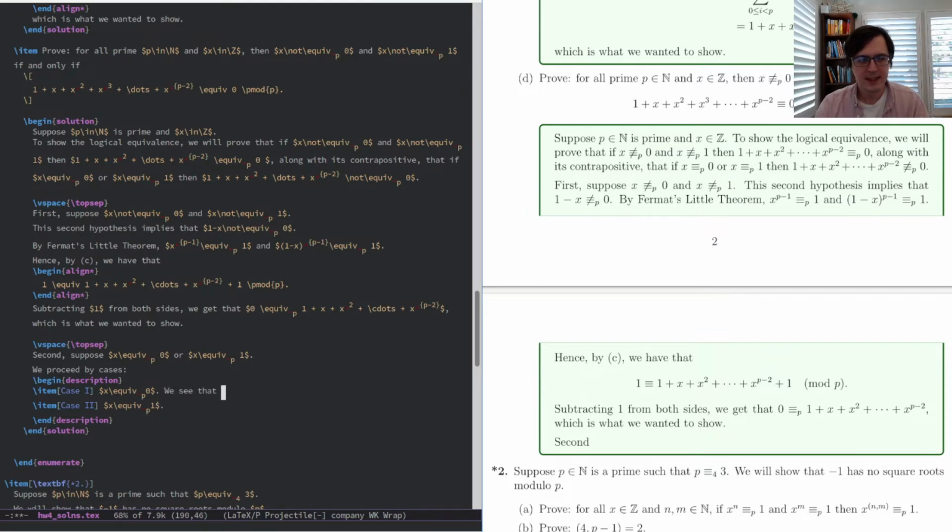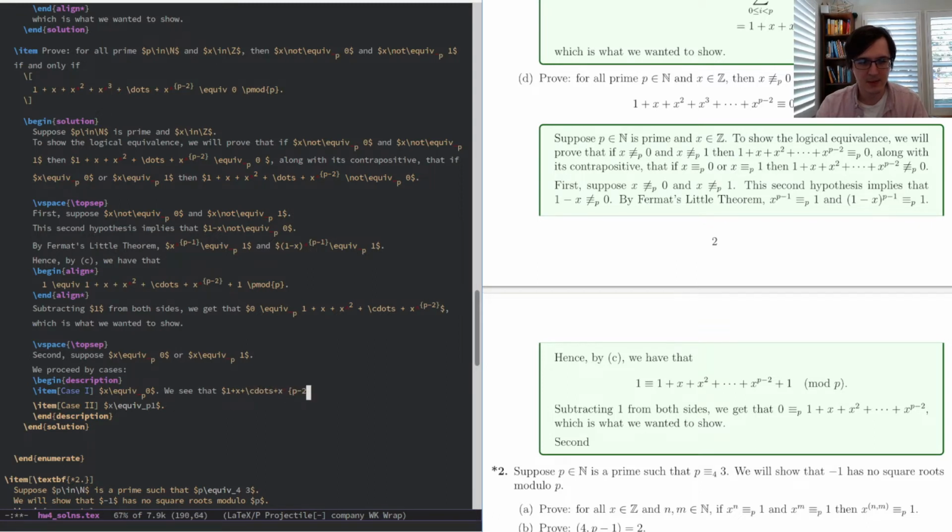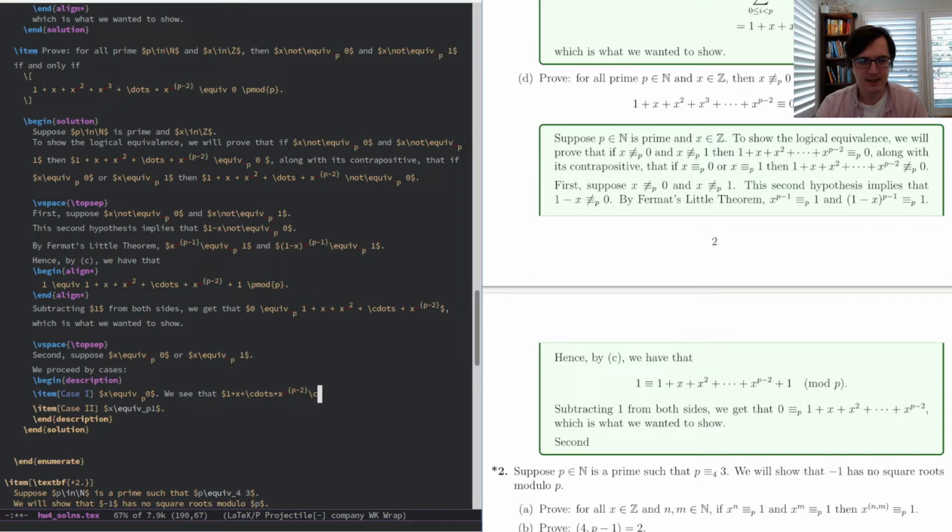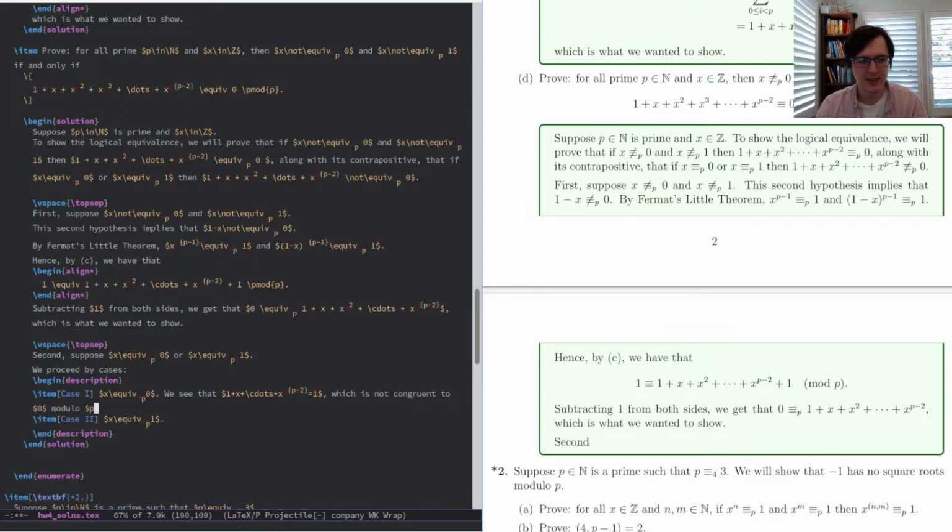We see that 1 plus x plus dots plus x to the p minus 2 is equal to 1, which is not congruent to 0 modulo p, since p is greater than or equal to 2, because it's prime.